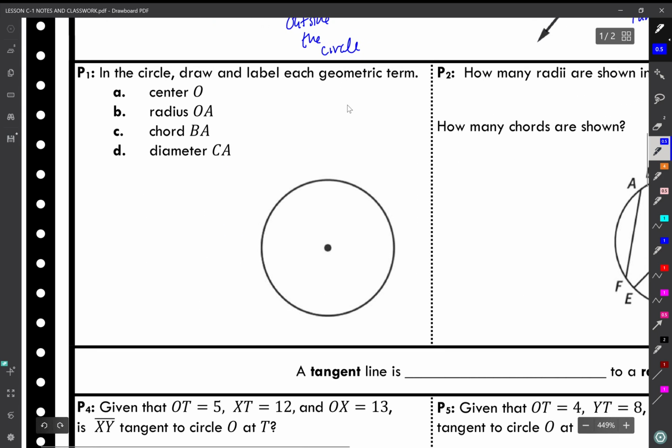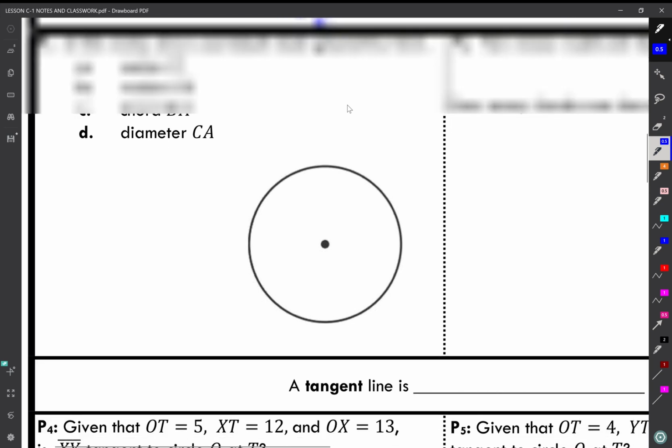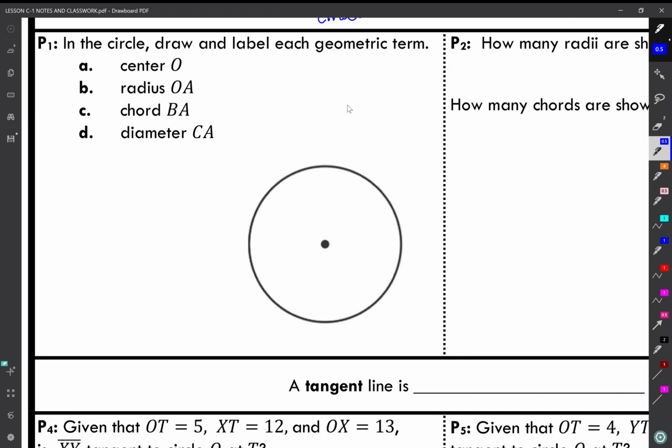All right, number 1. In the circle, draw and label each geometric term. Okay, so first, it wants us to label the center O. Done. Now we're going to draw a radius OA. Let's draw it right here. So there's A, and then we draw a line between them. That's all a radius is. Okay, so for chord BA, we just need some other point B. We already have A, and then draw a line between them.